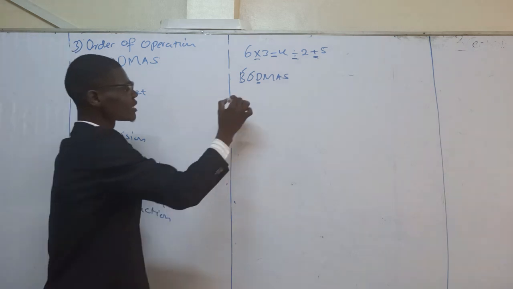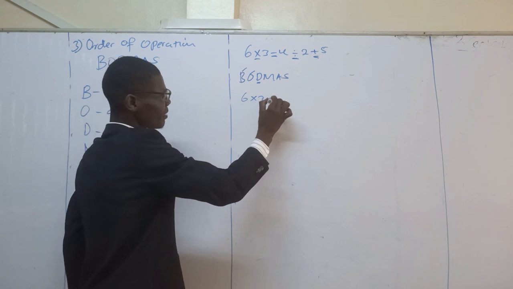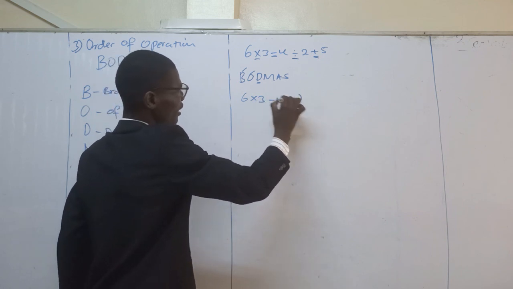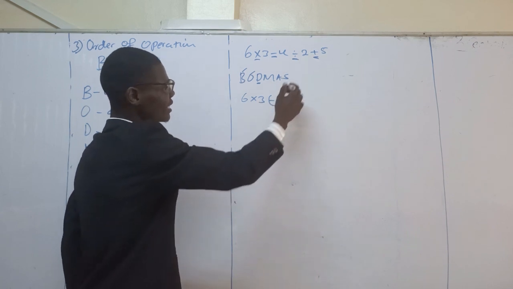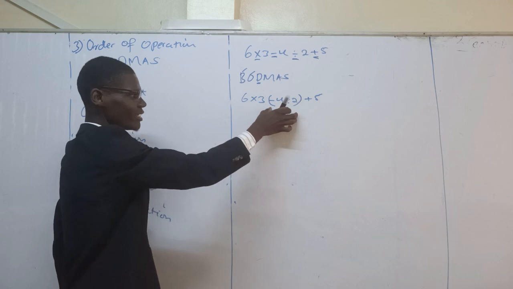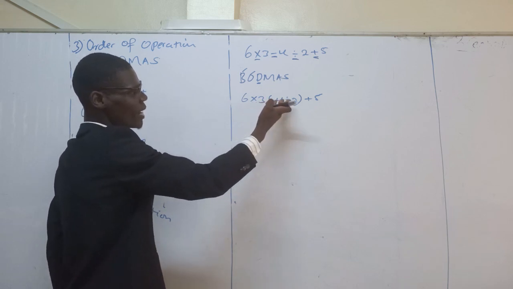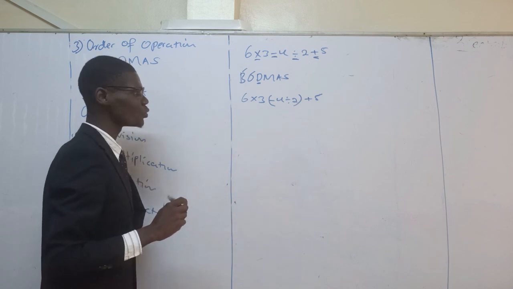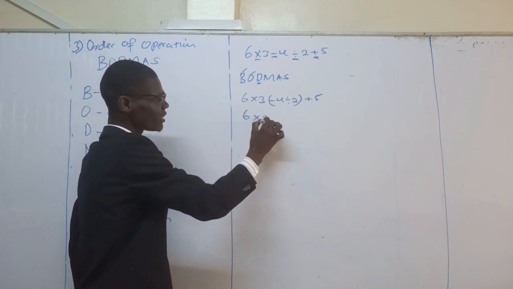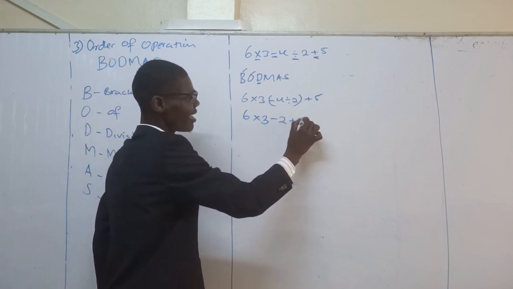So it is 6 multiplied by 3, subtract 4 divided by 2, this one now in bracket, then add 5. When I divide negative 4 by 2, I get negative 2. So it will be 6 multiplied by 3, then subtract 2, then add 5.